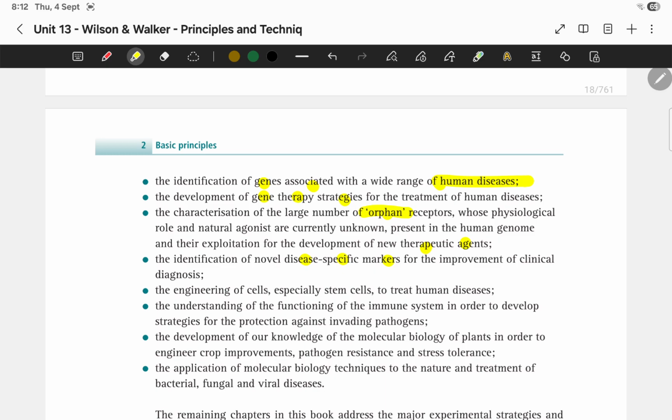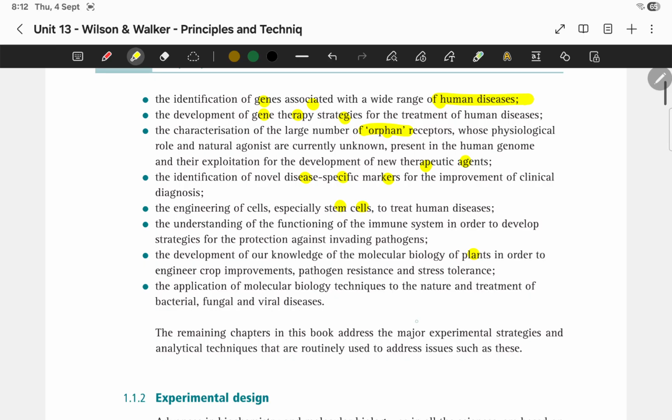The engineering of cells, especially stem cells, to treat human diseases. The understanding of the functioning of the immune system in order to develop strategies for protection against invading pathogens. The development of our knowledge of the molecular biology of plants in order to engineer crop improvements, pathogen resistance and stress tolerance.